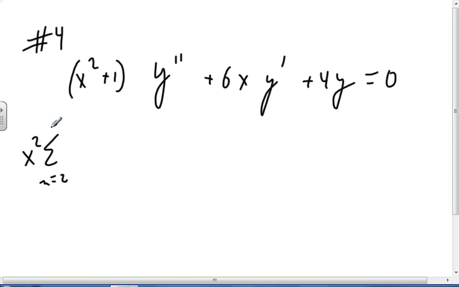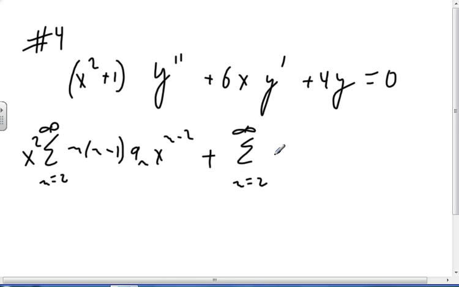summation n equal 2 to infinity n minus 1 an x to the n minus 2 plus summation 2 to infinity n minus 1 an x to the n minus 2.